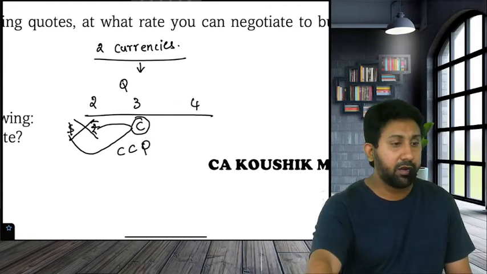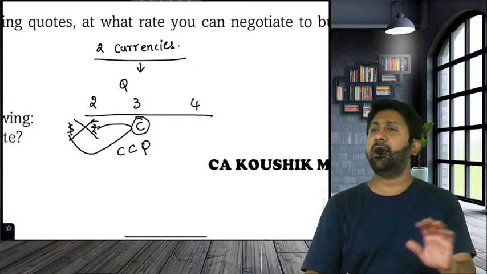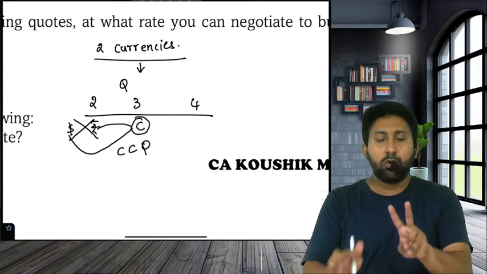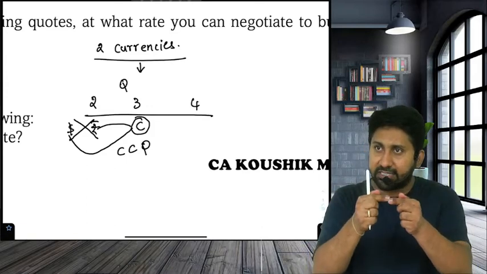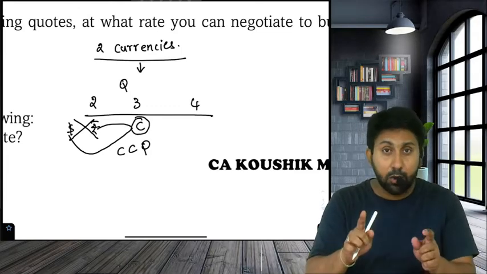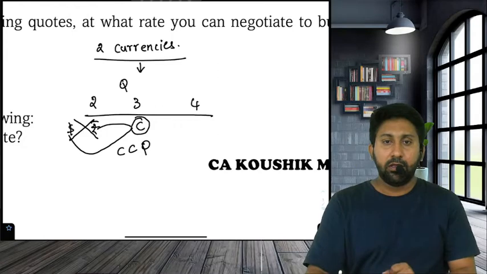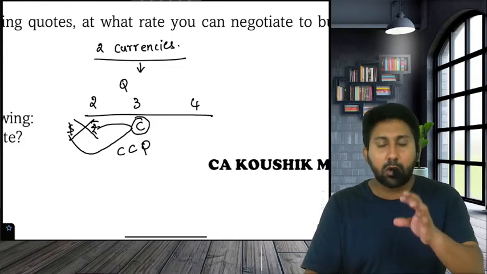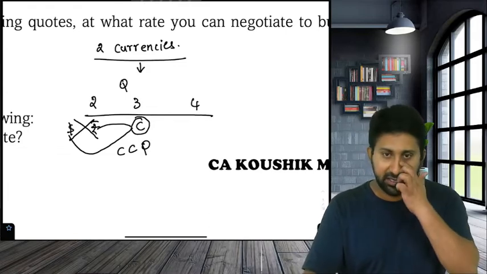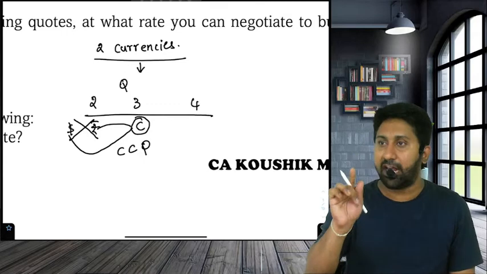In layman language, when two currencies are not quoted against each other, but both are quoted against one common currency, then we can calculate cross currency quotation, taking that common currency as the base currency.